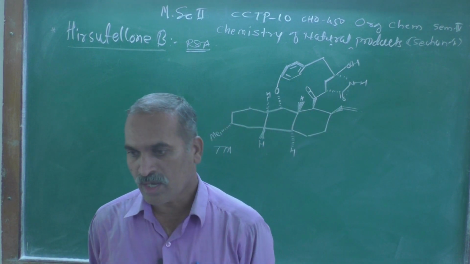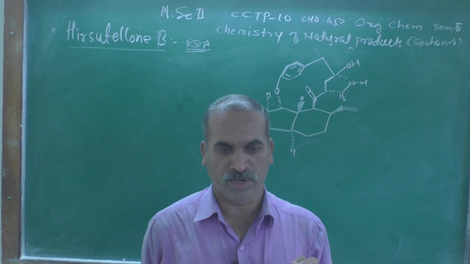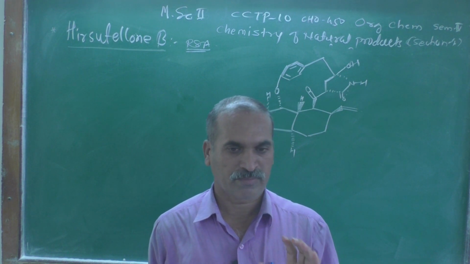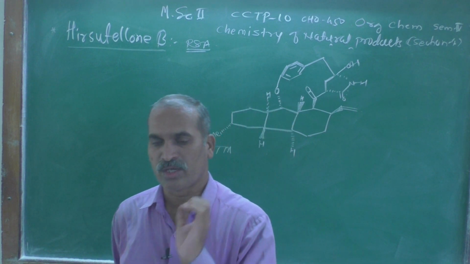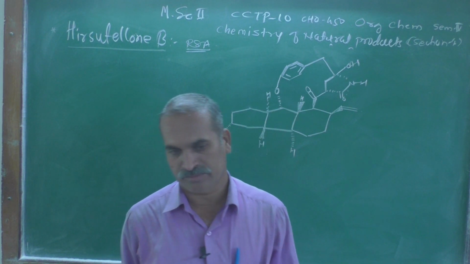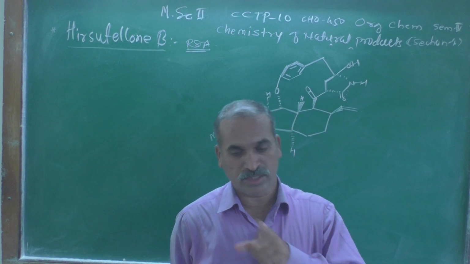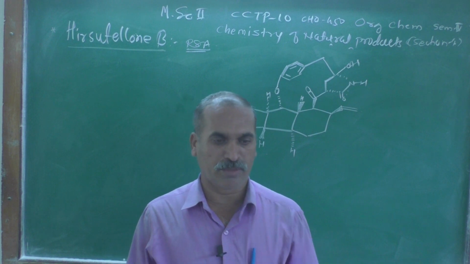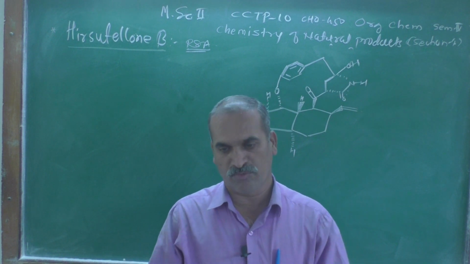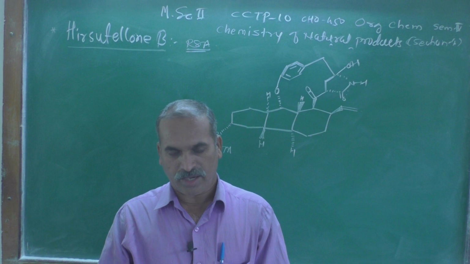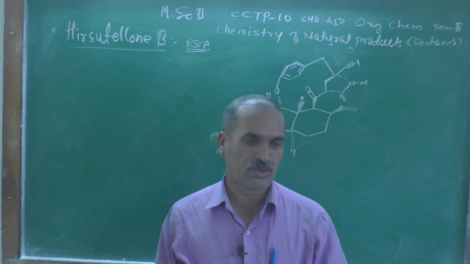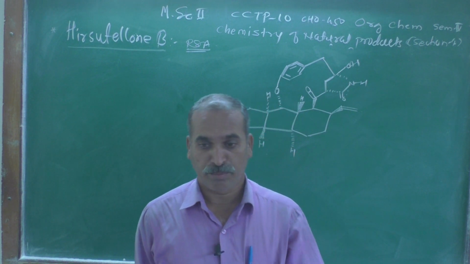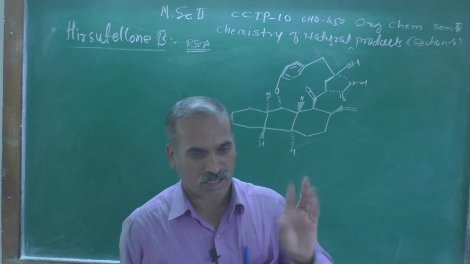Now what are the main points to identify from the target molecule while doing retrosynthetic analysis? First and important, observe the hirsutolone B target molecule carefully and recognize the functional groups present in it.